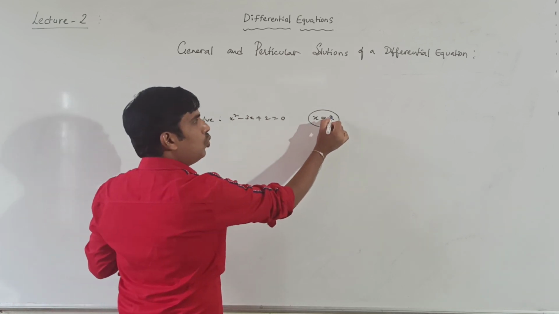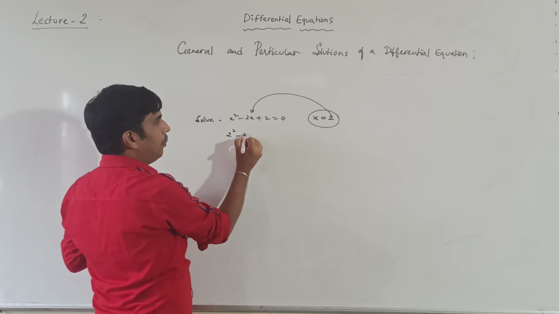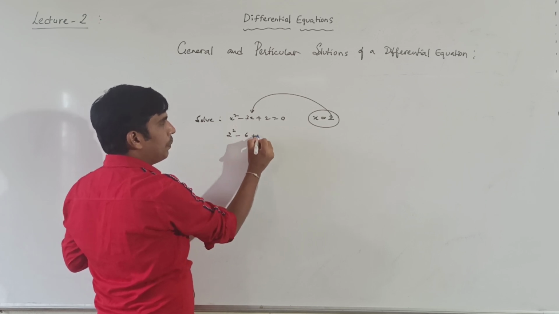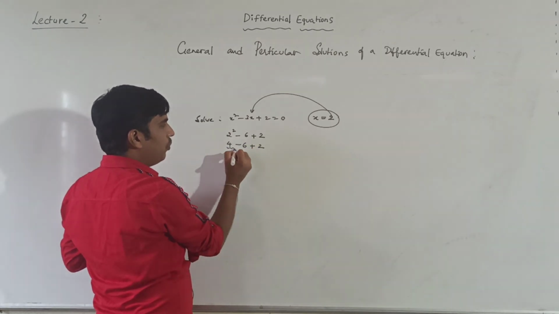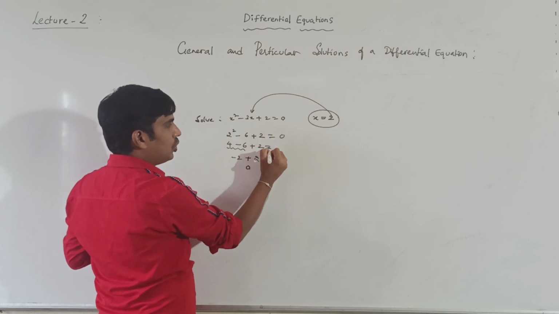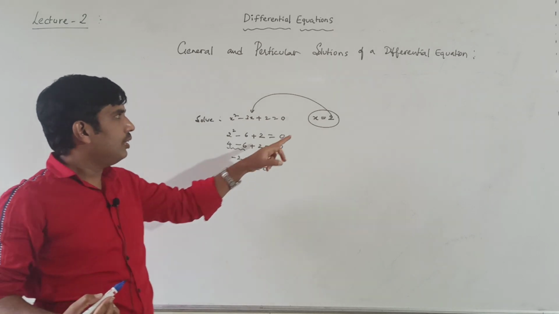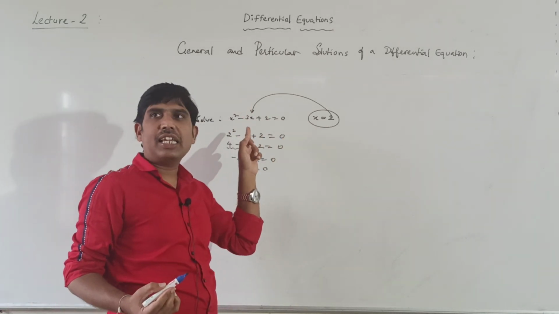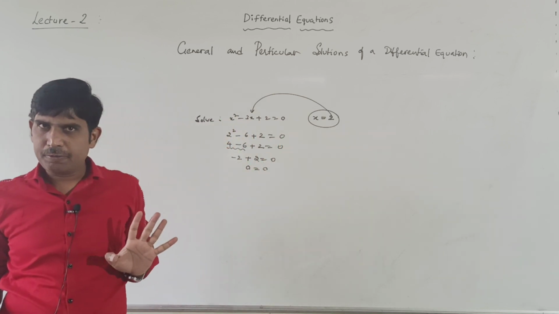So we verify: 2 square minus 3 into 2 plus 2, 4 minus 6 plus 2, which is 0. Therefore LHS is equal to RHS. So 2 satisfies the given equation, hence 2 is called a solution.